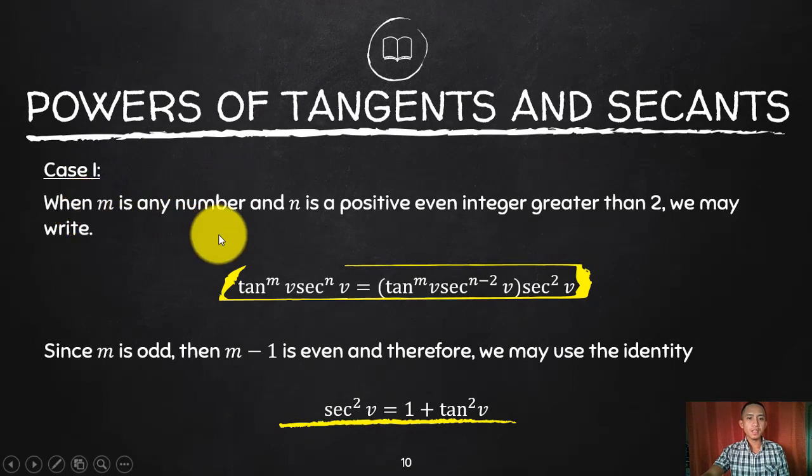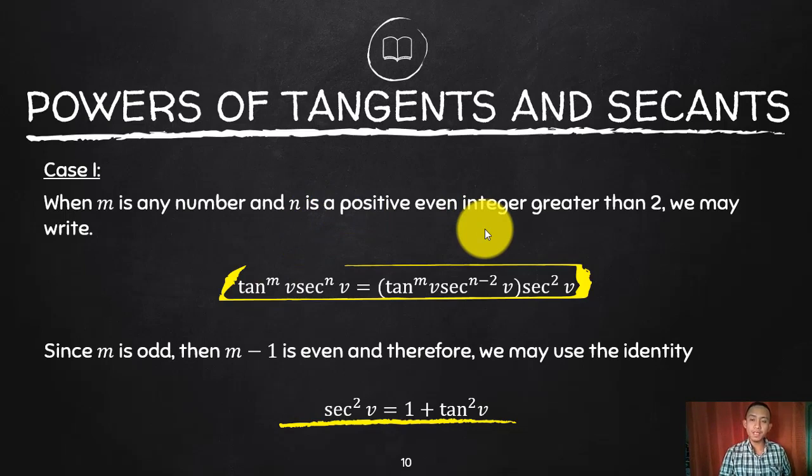Okay, so instead of having sine raised to m, cosine raised to m, we have now tangent raised to m and secant raised to n. So what will be the case 1 of this tangent and secant? Okay, when m is any number, your tangent is any number, but n is positive even. Your exponent in secant is positive even.